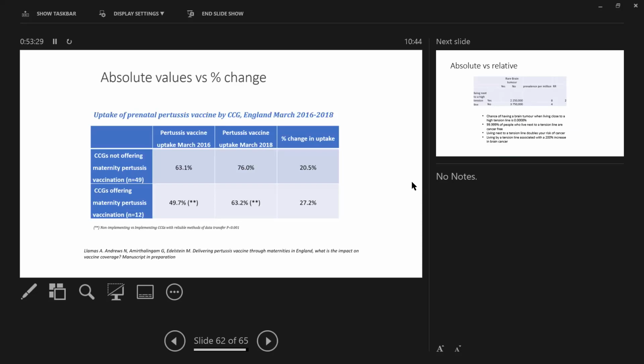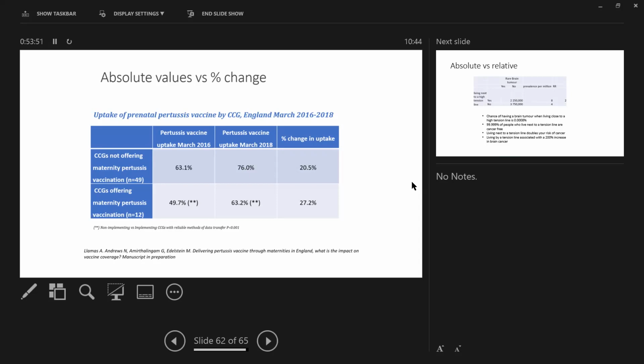Proportion changes versus absolutes. This is also a real study that we did. We wanted to know whether offering pertussis vaccine in maternities increased the vaccine coverage. So we looked at the time period before the maternity vaccination was offered and after.